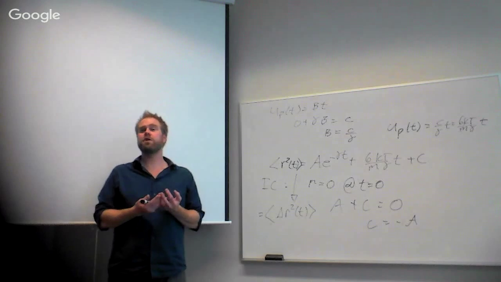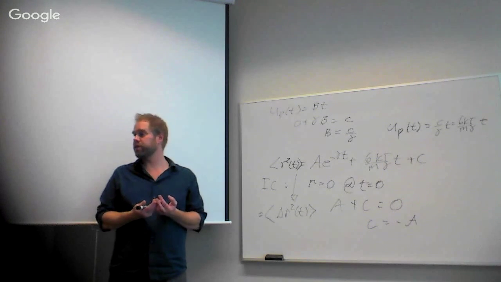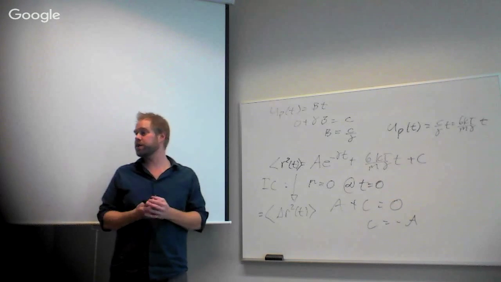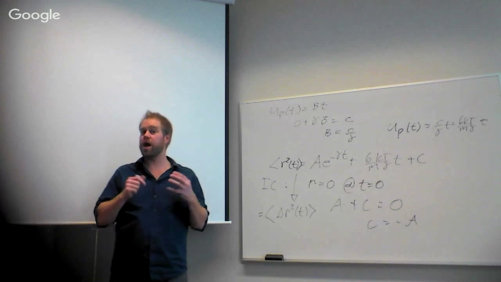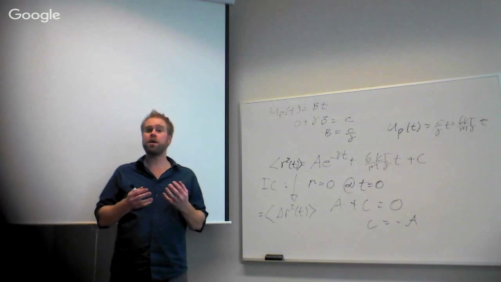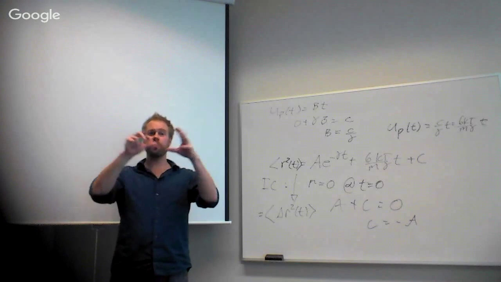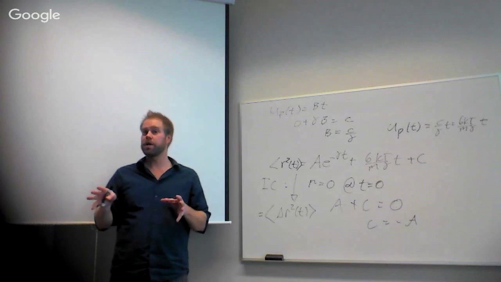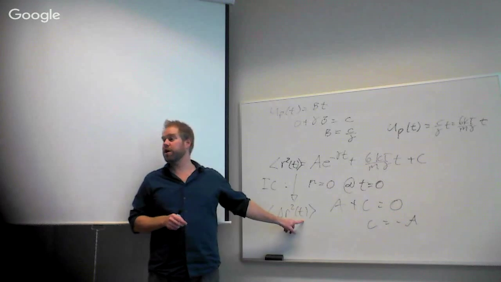I have no hope in solving for that because it's a stochastic differential equation. It can take any number of different trajectories in space. But what I can hope to solve is what the trajectory looks like on average. So not how far any particular particle goes in time, but if you average over a whole ensemble of trajectories, then you know on average how far it has gone in some time t.